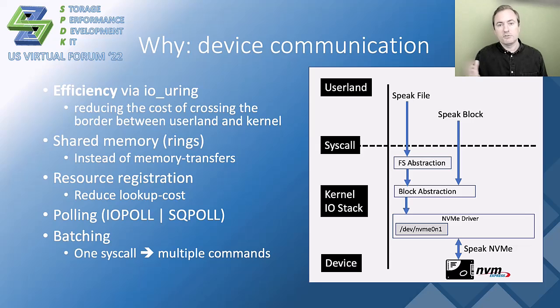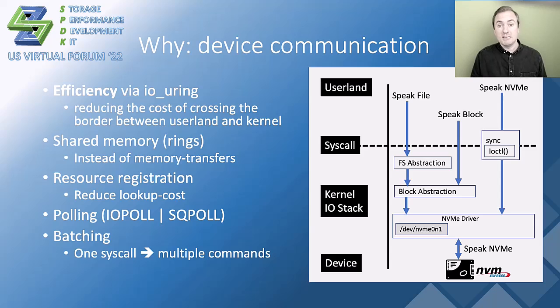The cost is of course that you then have a kernel-side thread that needs to be listening for these things. Another way is through regular IO poll and then doing batching, where you can amortize the cost of going from userland into kernel space by queuing up a bunch of commands and then sending only a single syscall to tell the kernel that commands are now available.